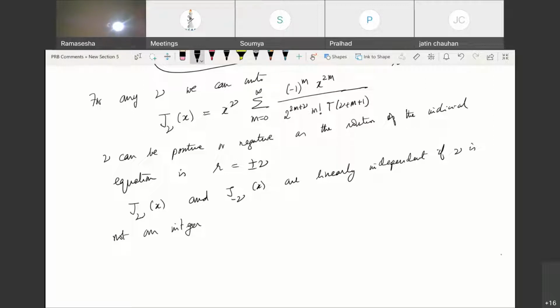So if not, then x to the nu and x to the minus nu cannot be expressed, or are not linearly dependent, and so minus x is not going to be a simple region.